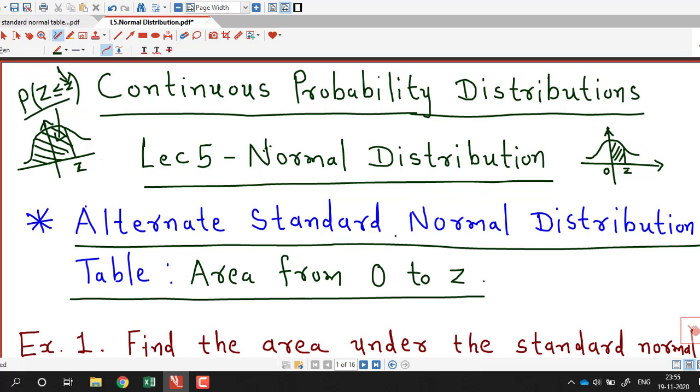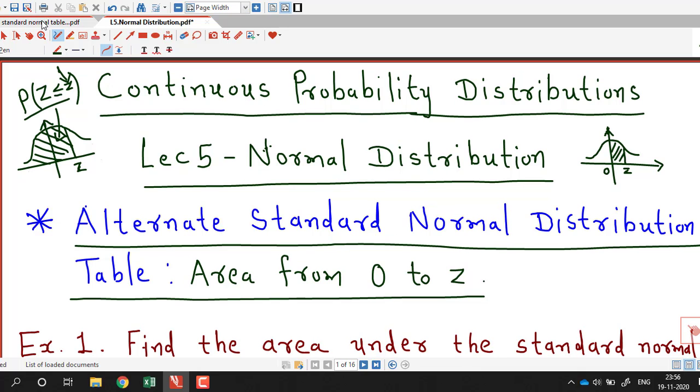So in this lecture we are going to discuss how to use that alternate standard normal distribution table to calculate areas from 0 to z as well as other areas. We will understand with the help of examples.